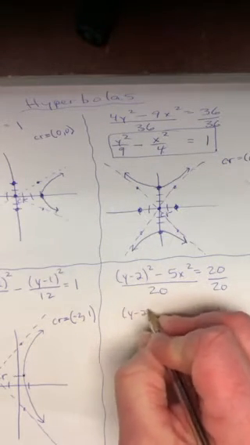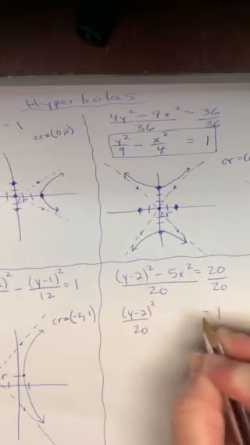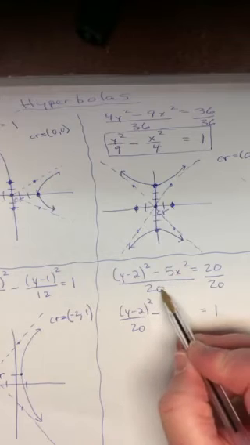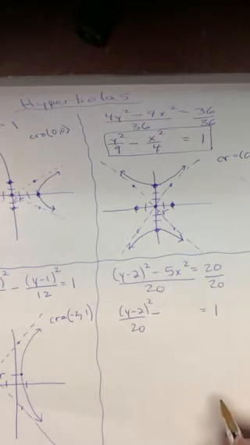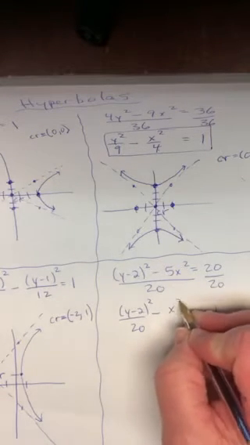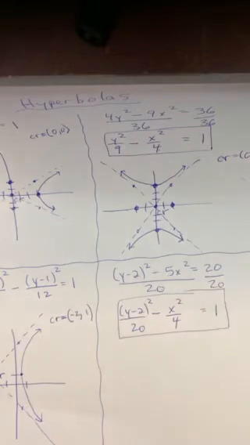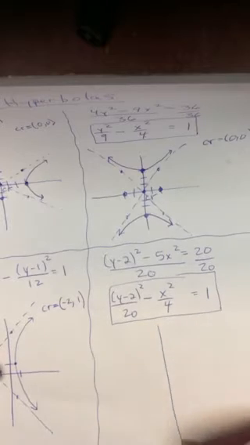So we've got y minus 2 squared over 20 minus, now do you agree the 5 over 20, the 5 will cancel, the 20 will become what, a 4? So x squared over 4 equals 1. I got it successfully in the standard form.